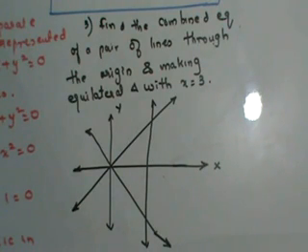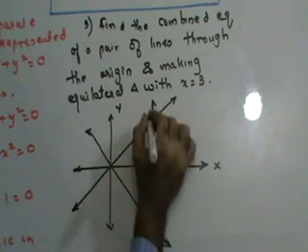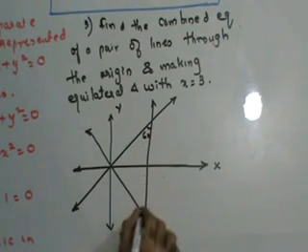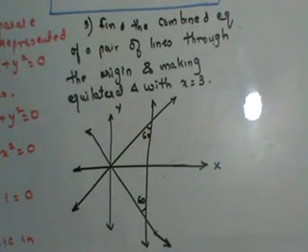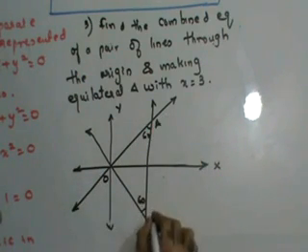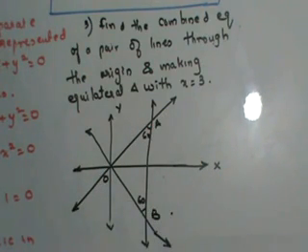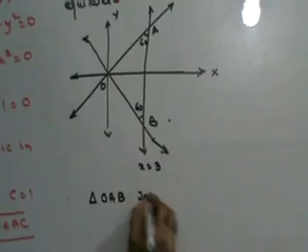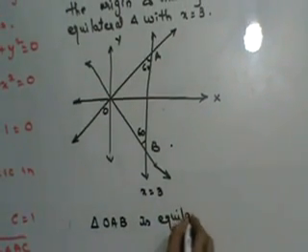It makes an equilateral triangle, that means all the angles are going to be 60 degree. Right? So triangle OAB is an equilateral triangle, right? I can say that triangle OAB is equilateral.